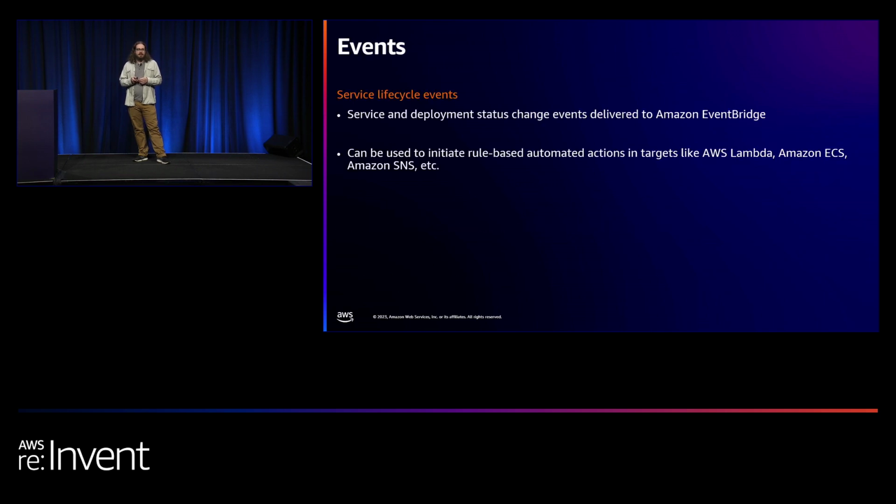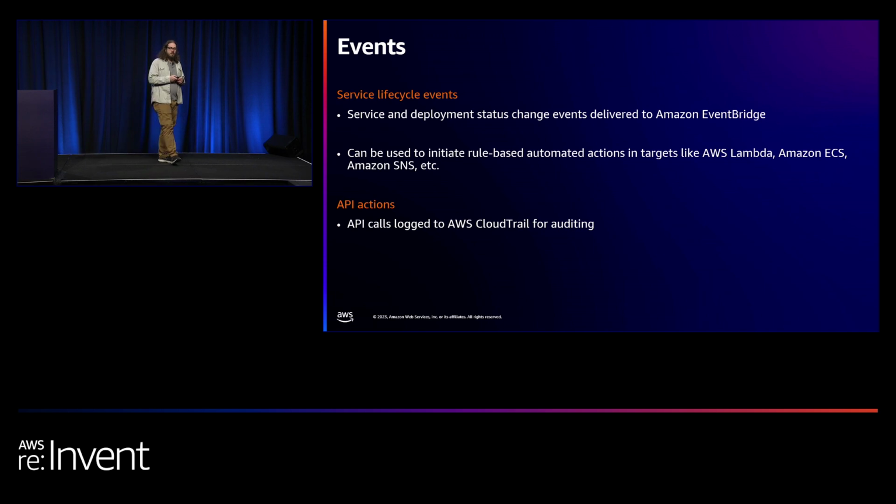And for events, there's a number of different ways that you can inspect your system. So there's the service lifecycle events. These are built inside of App Runner. App Runner is going to be keeping track of updates to your service, deployments, and scaling activities for you to inspect. And you can kick off other actions in response to this by hooking these up to Amazon EventBridge. Amazon EventBridge is going to be able to trigger other targets like AWS Lambda, ECS, or even an SNS notification, which allows you to do creative things.